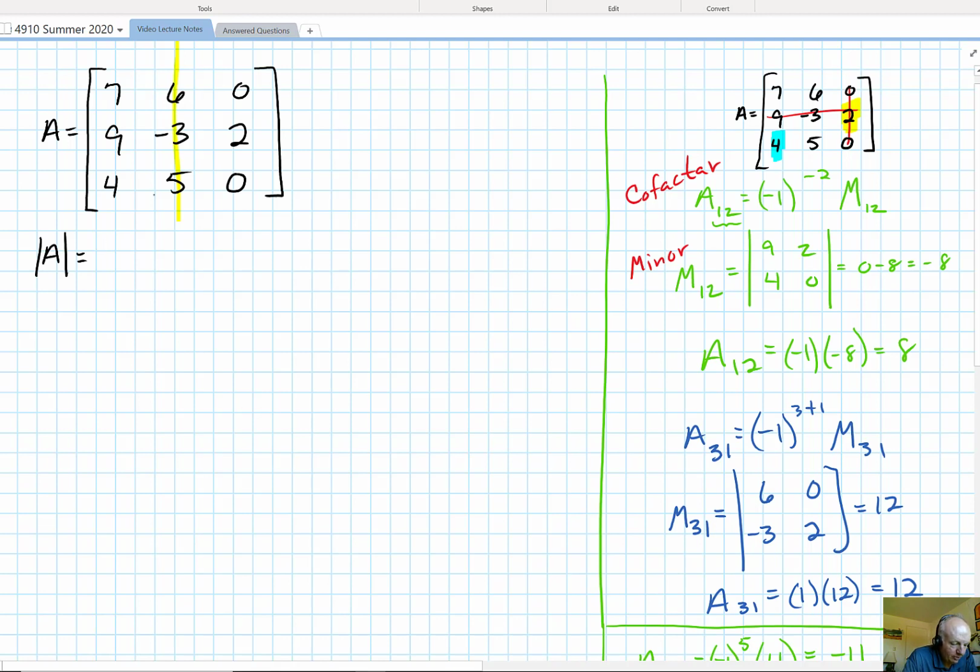You look at the row or the column you chose. In this case we chose the middle column, so it's going to be the first entry of that column, 6, times its cofactor, the 1, 2 cofactor, plus negative 3 times the 2, 2 cofactor, plus 5 times the 2, 3 cofactor.